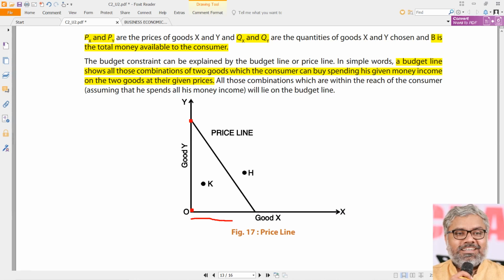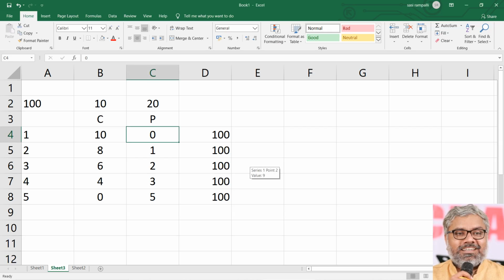And as the consumption of one commodity is increasing, naturally the consumption of the other commodity is decreasing. That's what is happening here. Why is that? Because the total budget is limited. And that's what we can observe here also.